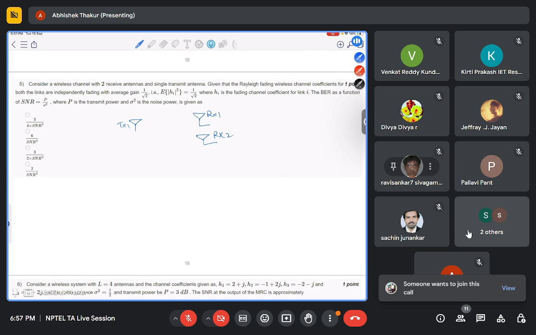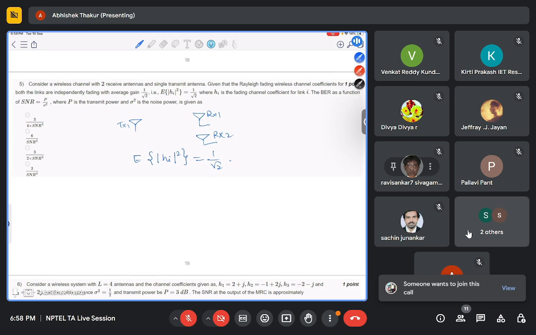Given the Rayleigh fading wireless channel coefficients for both the links are independently fading with average gain 1 by root 2, and the expectation of mod of hi channel vector square is given as 1 by root 2.